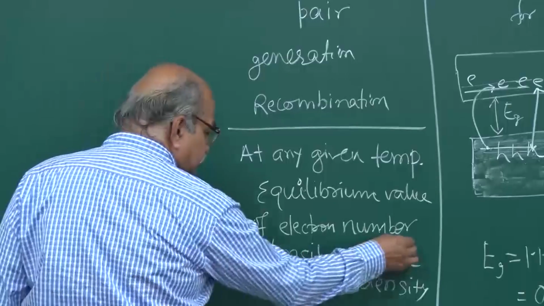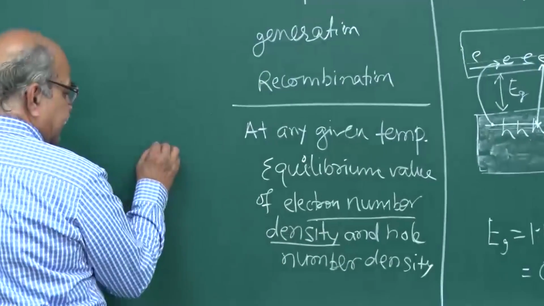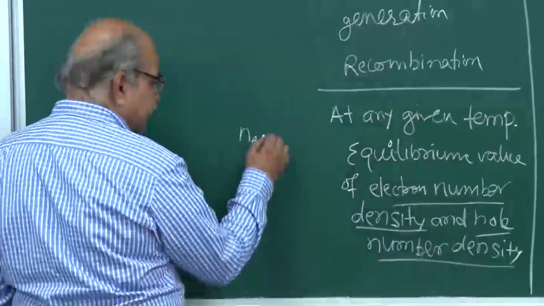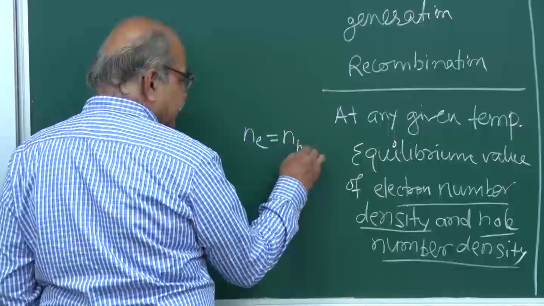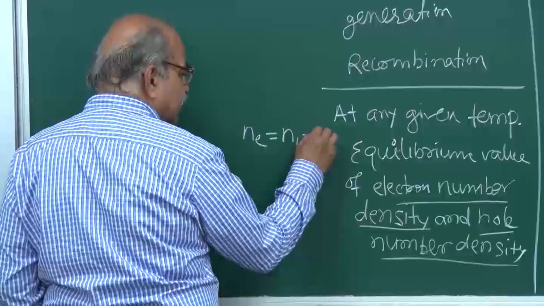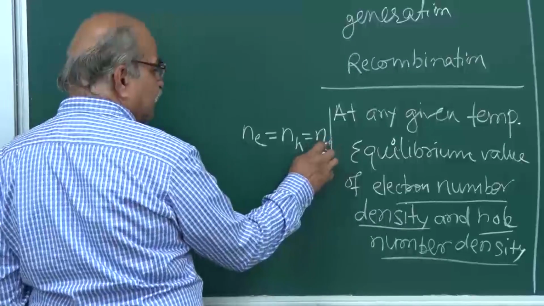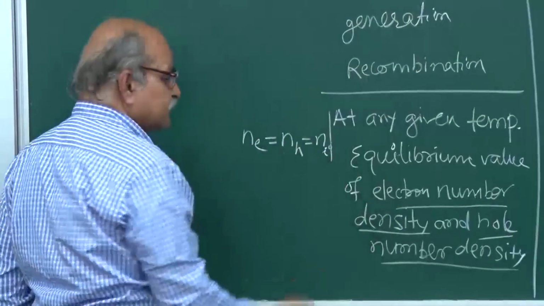This electron number density we write as Ne, and this hole number density we write as Nh, and this is equal; sometimes people write this as Ni, I for intrinsic.